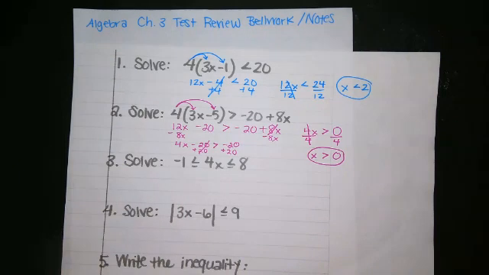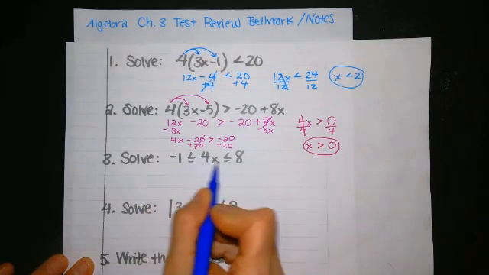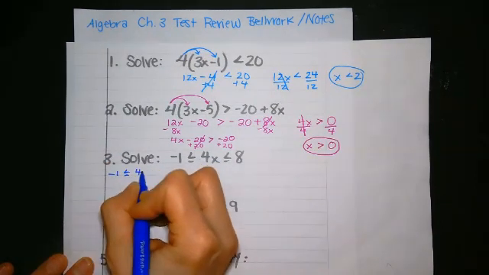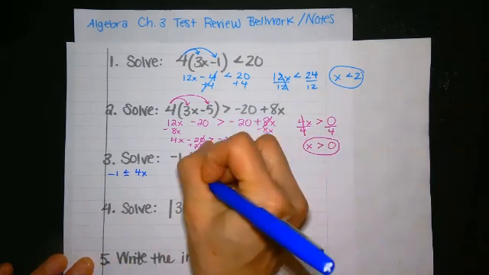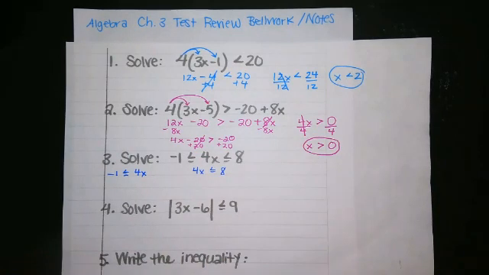And so let's start by splitting it up. So on the left side, by splitting it, what I mean is I'm going to do this inequality with the middle. So negative 1 is less than or equal to 4x. That's one side. The other side is 4x is less than or equal to 8. Okay, and I'm going to solve these separately.